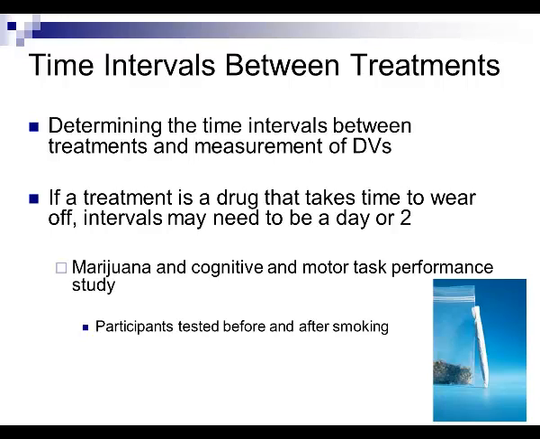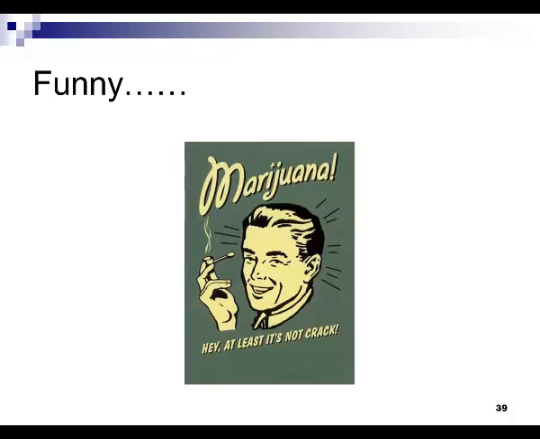If you are interested in studying the effects of marijuana on cognitive and motor task performance, and you want to see the difference between smoking different levels of marijuana, you probably want to introduce some time in between the testing of the dependent variables. So they'll be tested before and after smoking, but you don't want to have people smoking too much marijuana before you ask them to be measured on that motor task performance.